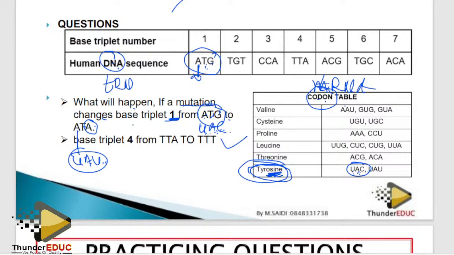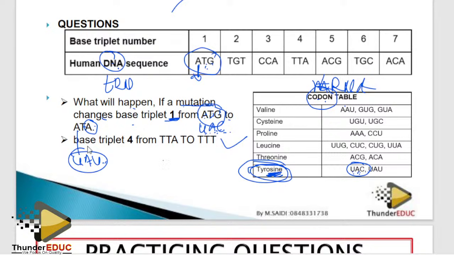I don't want to pronounce it badly. If I call you the other way around, you say yes sir. When I call you with another name, you also say yes sir. So it means that they are coding for the same amino acid, however much the codes are different. Is it clear there?